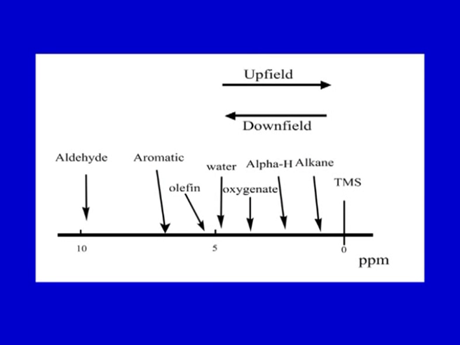Here you have a downfield and an upfield, with TMS as the reference, and you have different positions which protons will possess in different kinds of molecules, as you can see: alkane, alpha H, water, aromatic, aldehyde. Depending on the chemical environment, these peaks will appear, and the scale is taken from 0 to 10 ppm.